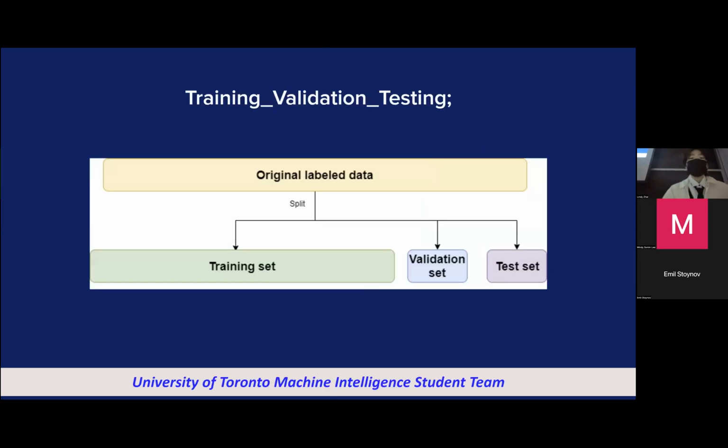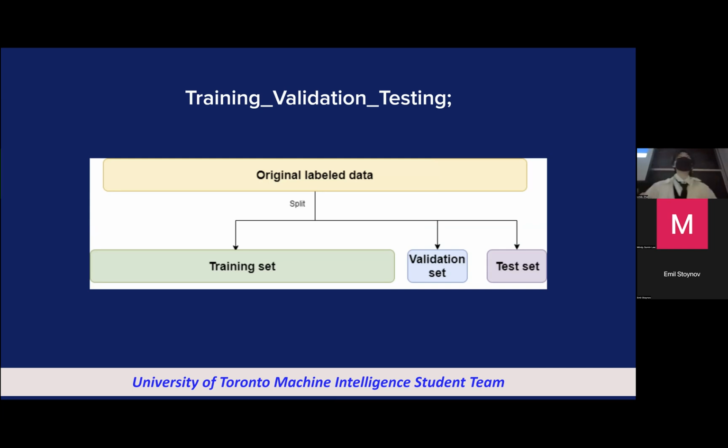The first thing we're going to talk about today is the training, validation, and testing sets. This is essentially the first step when you start training something, like a model. Usually you would just have a large set of unprocessed data. After you process the data, for example, if you have different sizes of images, or black and white images and some colored images, the first thing you might try to do is resize or crop them.